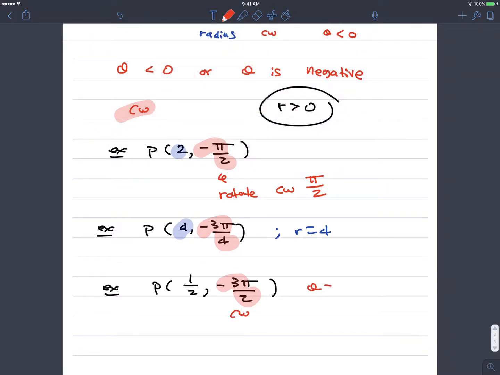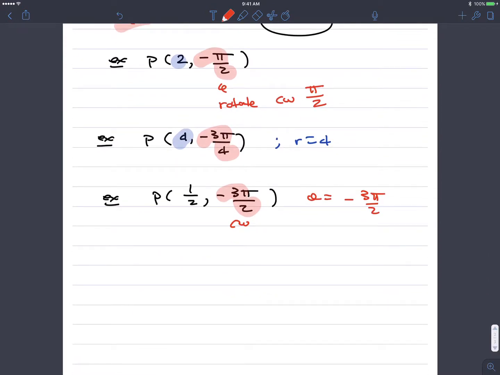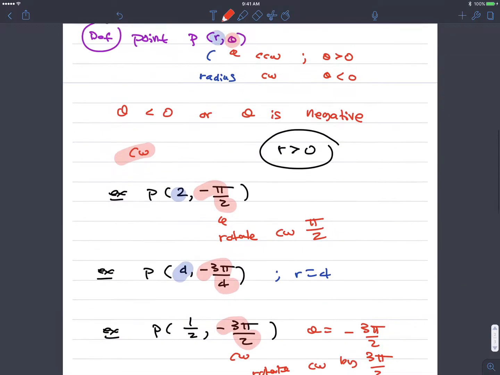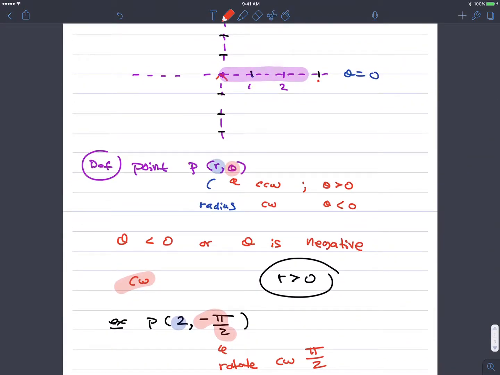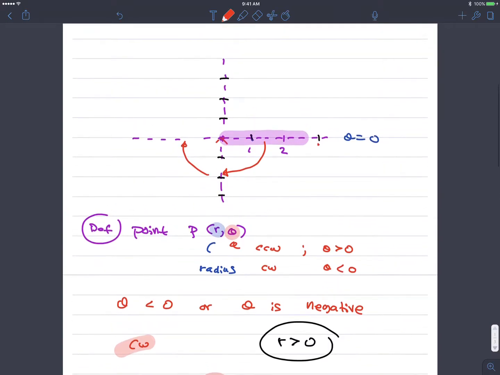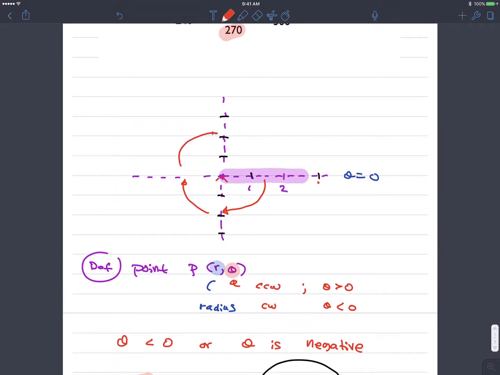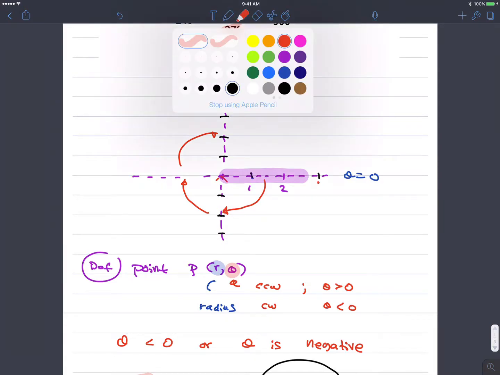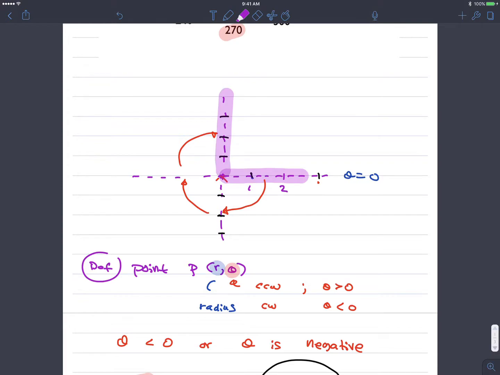All right, so theta is negative 3π over 2 here. That means to rotate clockwise by 3π over 2. What does that look like? Here's 1π over 2, 2π over 2, and here would be 3π over 2. Are we rotating clockwise? Say yes.